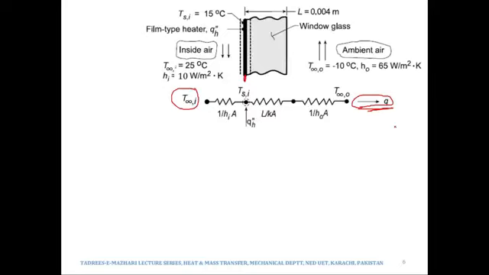But the heat will start flowing from 25 to 15 degrees Celsius. What is happening at this node at which the temperature is TSi? At this node there is further heat input. The heat which is coming in will join the heat which is coming in from the first resistor.